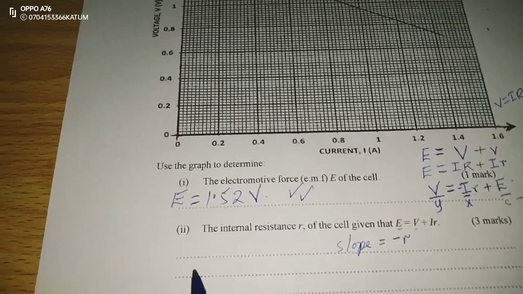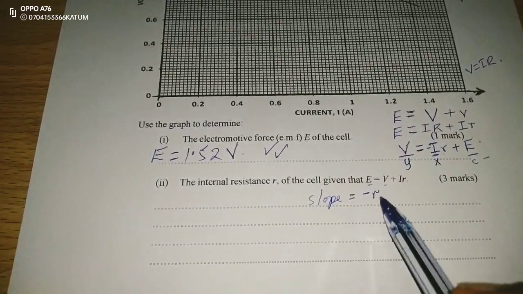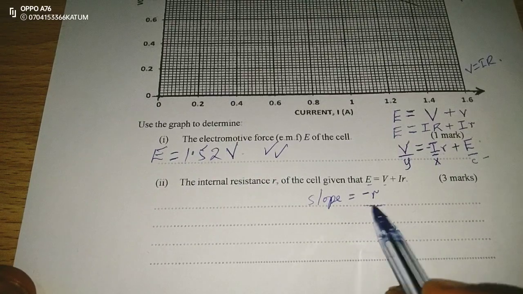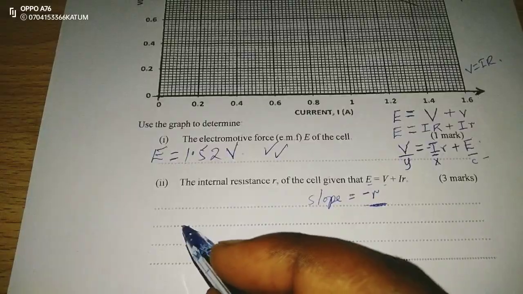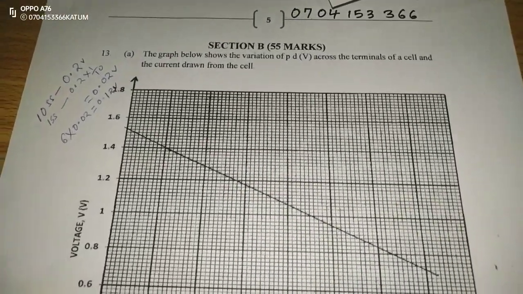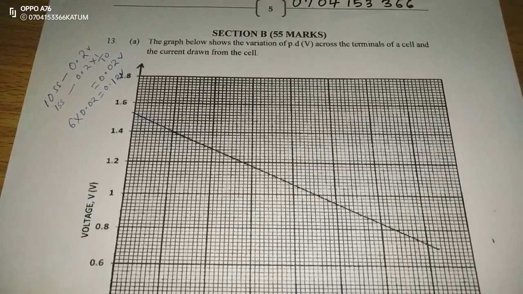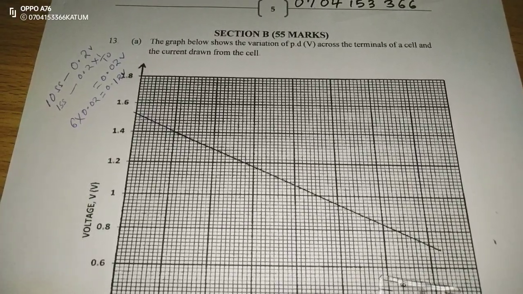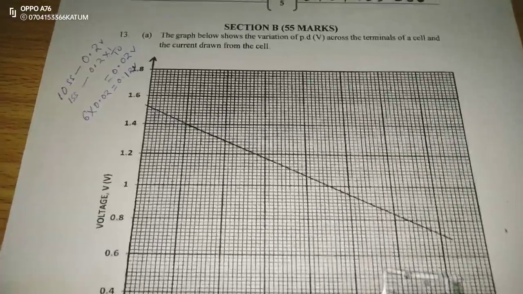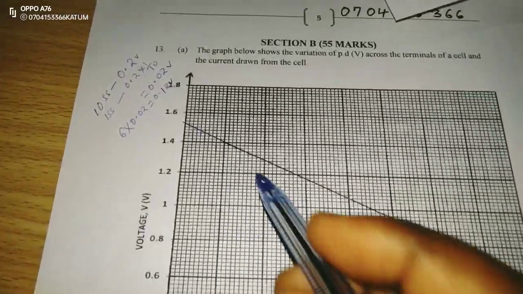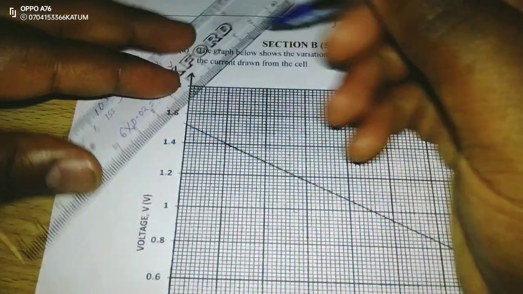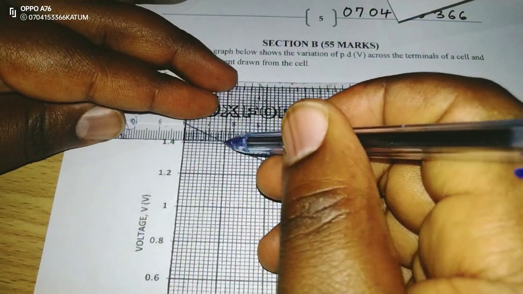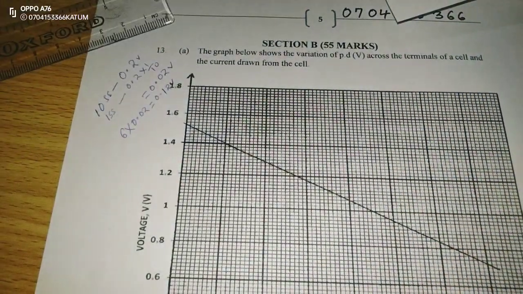So the next thing now is to find the slope, which will eventually give us the negative value of internal resistance. Therefore, the slope is gotten by change in y over change in x. For us to arrive at the slope, we just need two coordinates. Actually, I can prefer the coordinates lying here for the slope.